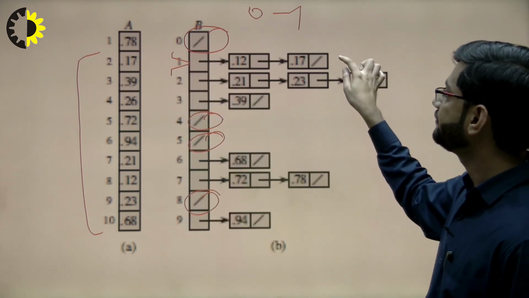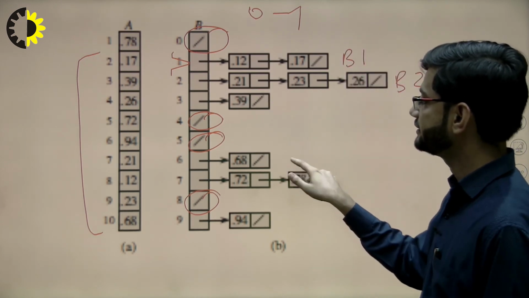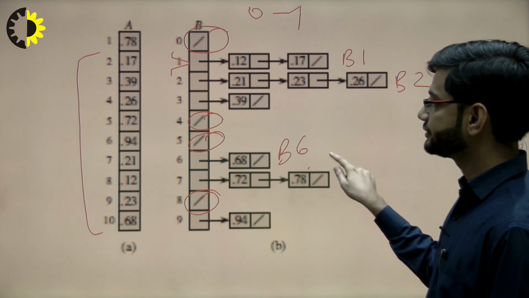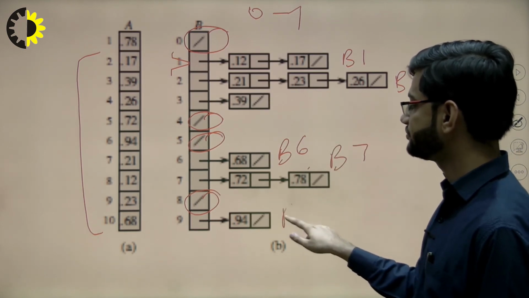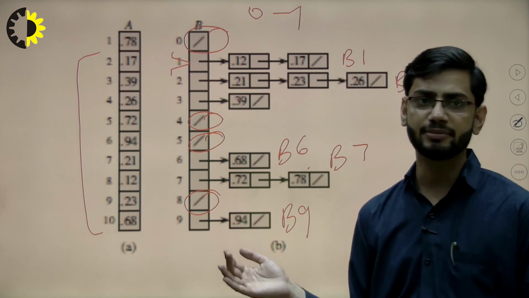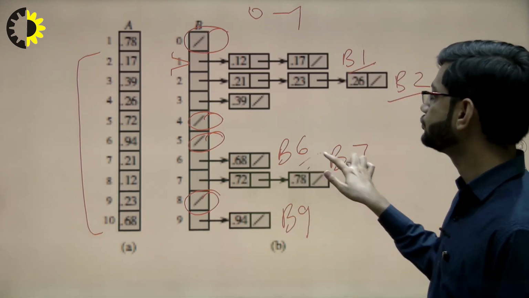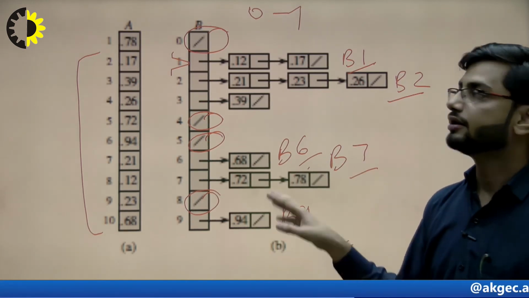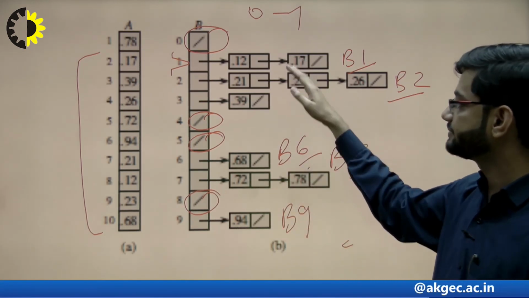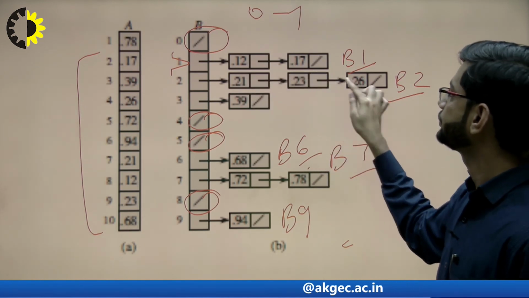Now what we have are the B1 bucket, B2 bucket, next is B6, next is B7 and at last B9. And these have 2 to 3 elements at most. So we will sort these buckets using insertion sort, and after sorting we get 0.12, 0.17, 0.21, 0.23, 0.26.